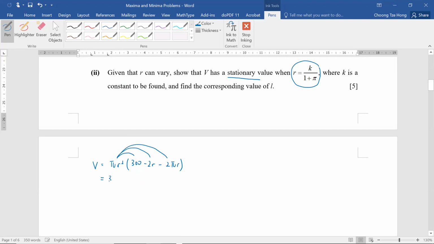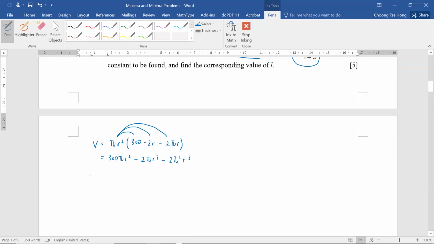So over here we will have 300 pi r square minus 2 pi r square times 2r, so negative 2 pi r cubed, then pi r square times negative 2 pi r, so negative 2 pi square r cubed. So this is what we have.